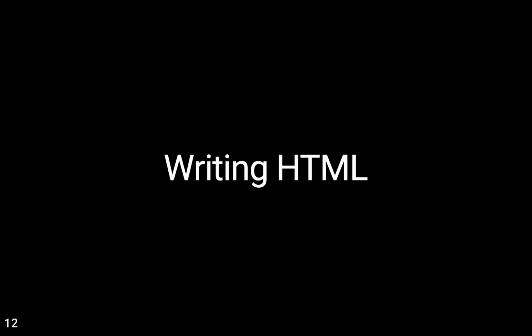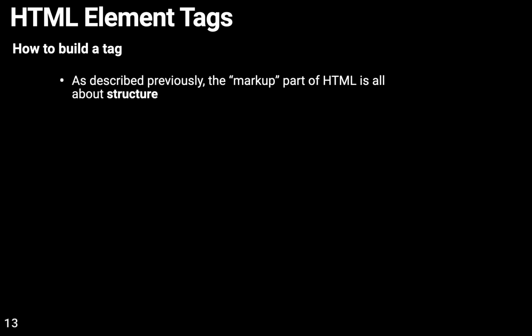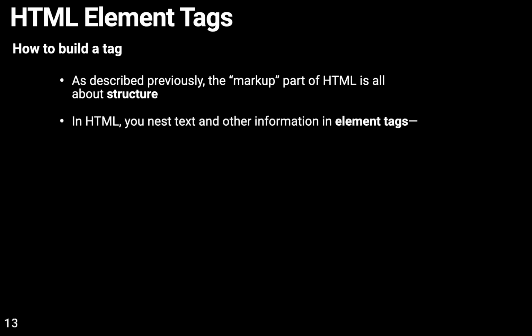Now let's talk about writing HTML. What exactly can we do with this language? And the answer is, on its own, not a whole lot that's interesting, but lots of basics. So, HTML element tags. How do you actually write this stuff? And how do we build a tag? As we talked about, the markup part of HTML is all about structure.